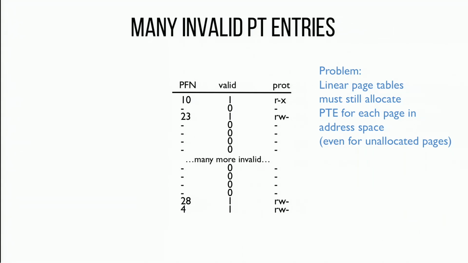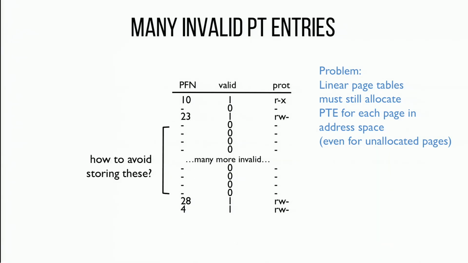But we had to have invalid empty entries in our page table for all of that stuff we weren't using, just so that the address arithmetic would work correctly so that the process can access these pages down here. Right? So we still had to allocate these addresses in our page table even though they're all invalid. So we want to fix that and not use this type of data structure. Does that problem make sense to everybody?